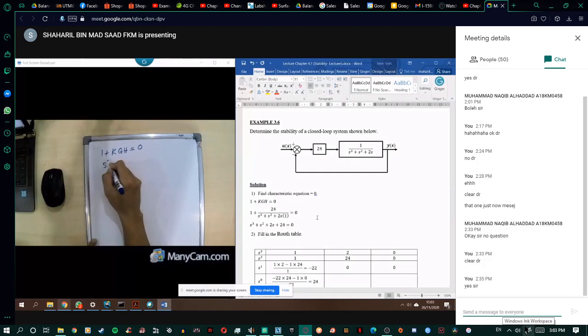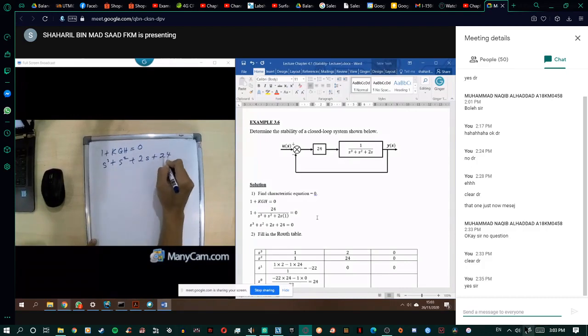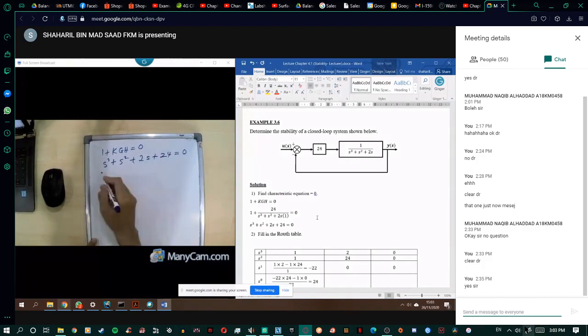Then you got s power of 3, s power of 2, 2s plus 24 equal to 0. So how to make this table? S power of 3, s power of 2, s power of 1, s power of 0. Then this one is 1, 2, and this one is 1 and 24.